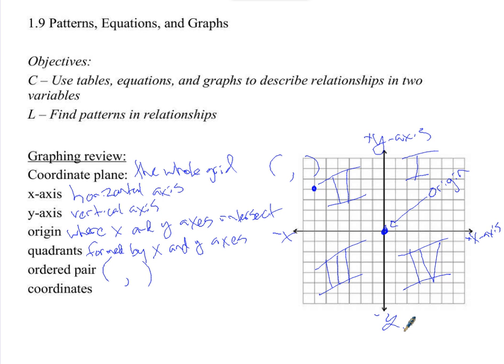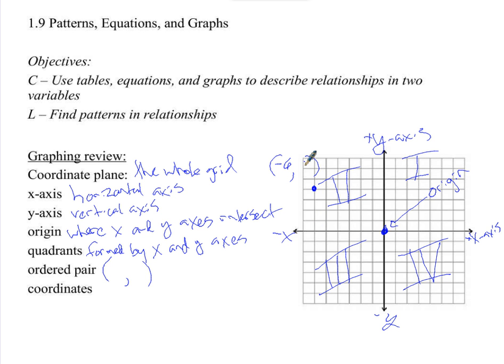So we have the x-coordinate is negative 6, isn't it? Comma. Negative 1, negative 2, negative 3, negative 4, negative 5, negative 6. Comma.